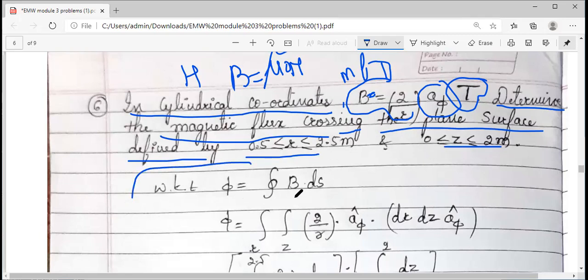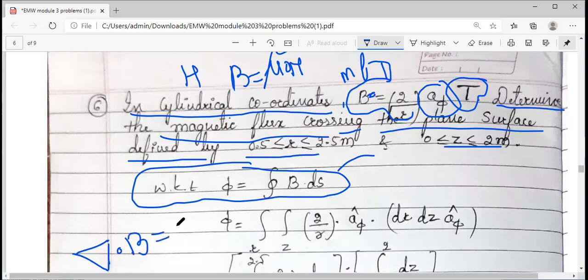In the topic of magnetic flux and magnetic flux density, we have seen this equation: phi equals the closed surface integral of B dot ds. Even while dealing with the magnetic scalar and vector potentials, we came across this equation, wherein finally we derived del dot B equals 0. If you remember, we solved this in class.